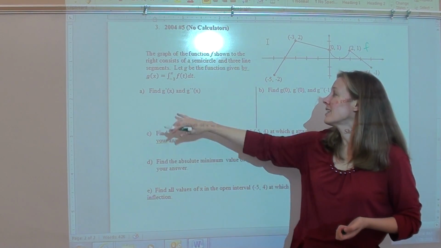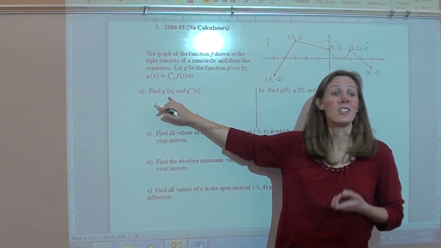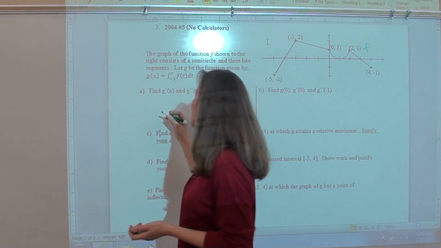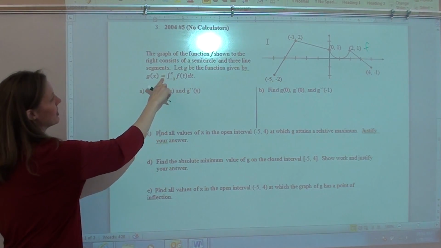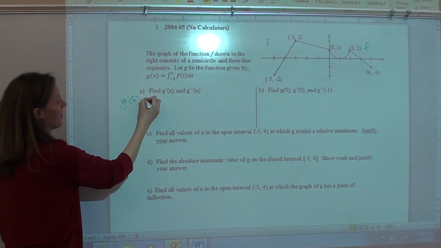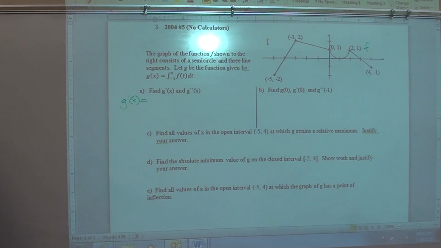Okay, hey, look at this. Part A, find g prime. So g prime is the derivative of this integral. Everyone use SFTC for a moment and see if you can figure out the value of g prime. It should take you literally the time it takes to write it.